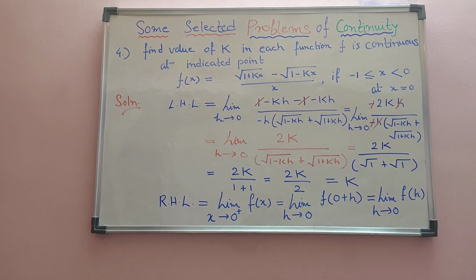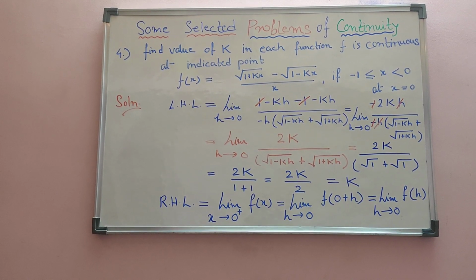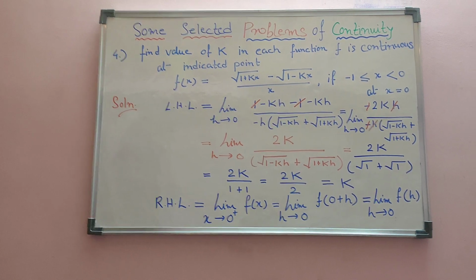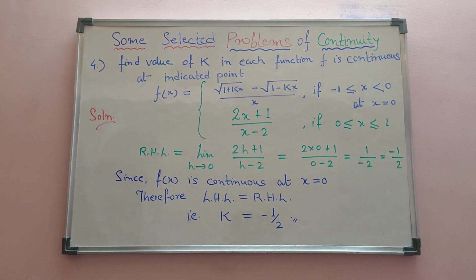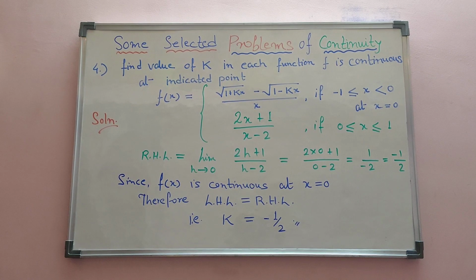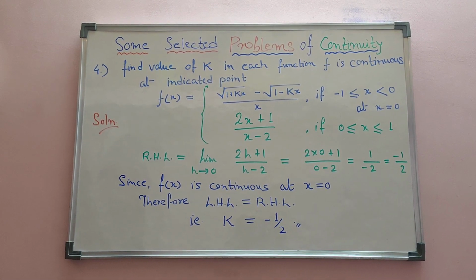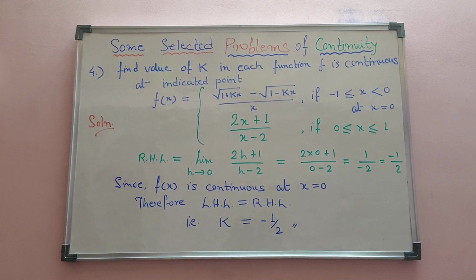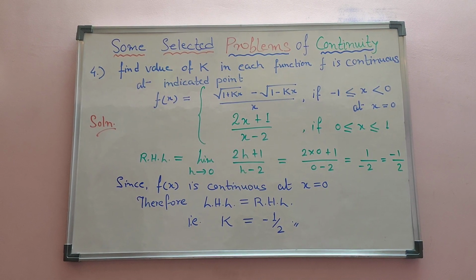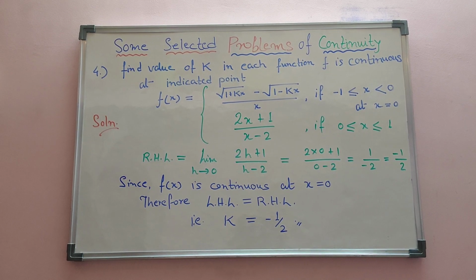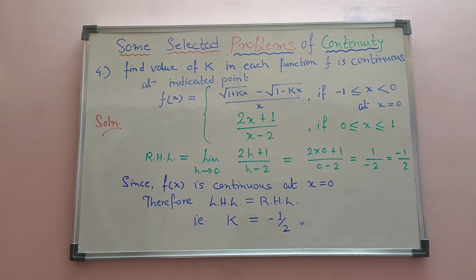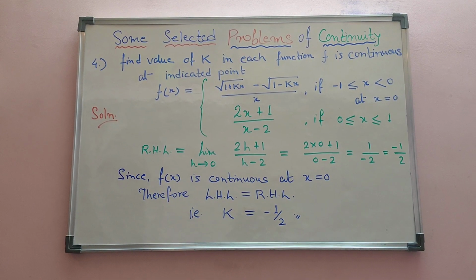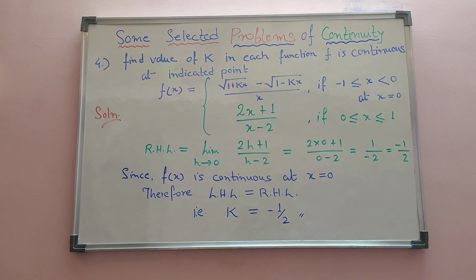We have to take the second equation, and in place of x we write h. So right hand limit equals limit h tends to 0, 2h plus 1 by h minus 2. We replaced x with h. Now put the value of h. It becomes 2 into 0 plus 1 by 0 minus 2. So the value is minus 1 by 2.